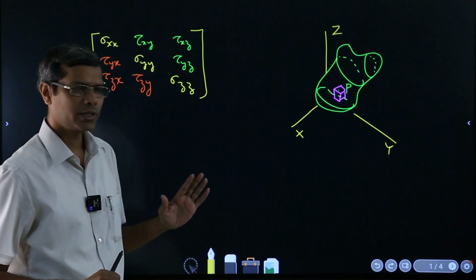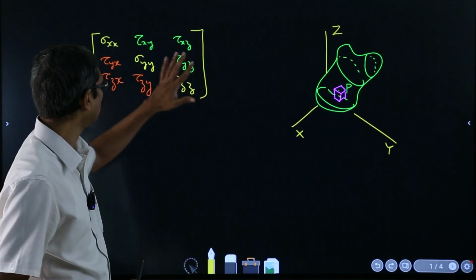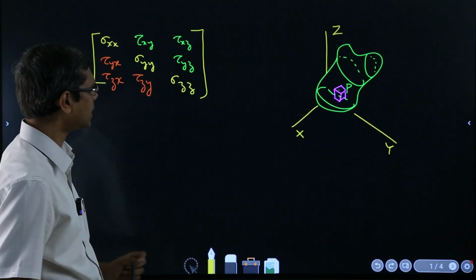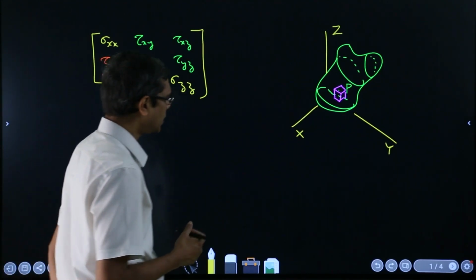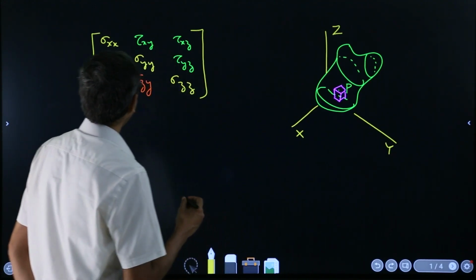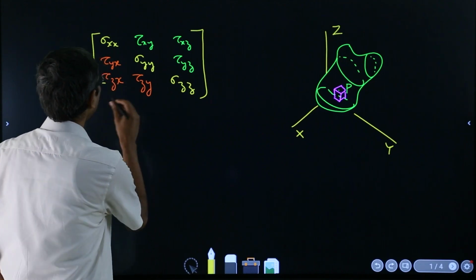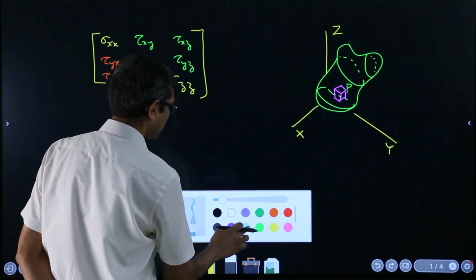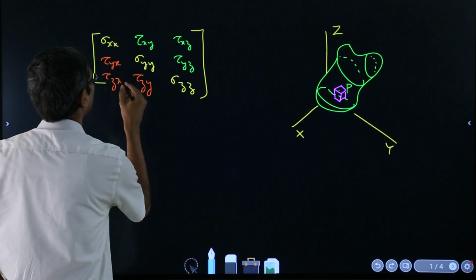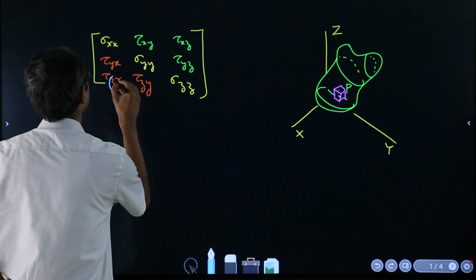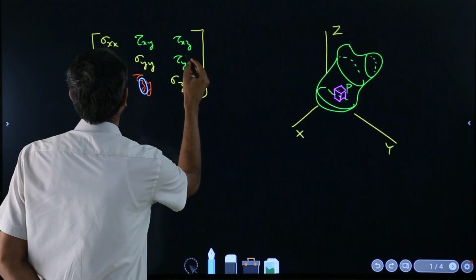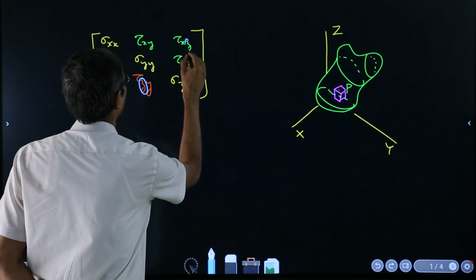So what we will do is we will not consider the full complexity of the 3D state of stress. We will consider the situation where anything related to Z is 0. Means anywhere you see Z as a coordinate or a subscript, you just make it 0.